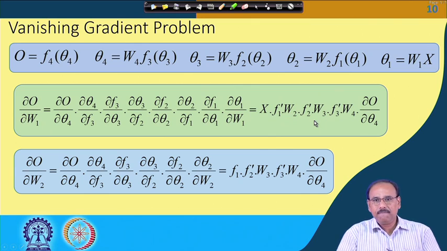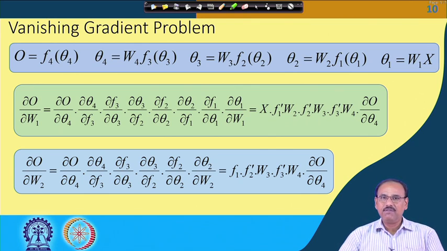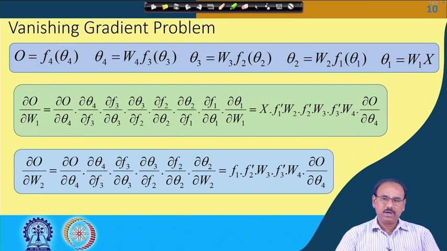Now, come to a situation where I assume that my activation function in every layer, that is f1, f2, f3, f4 and so on, are sigmoidal functions. Then you remember that the derivative of a sigmoidal function, if I represent my sigmoidal function as f, is f prime equal to f into 1 minus f.